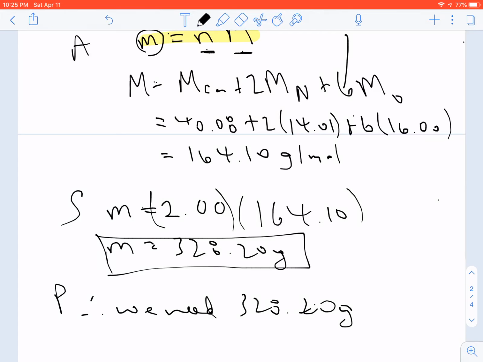So there is a sample problem converting how many grams we have or need if we know how many moles. We can go the other way around too. So I'm going to look at sample problem 5, which is also in the textbook.